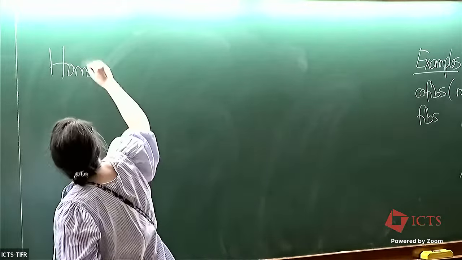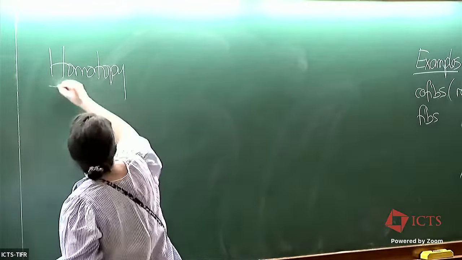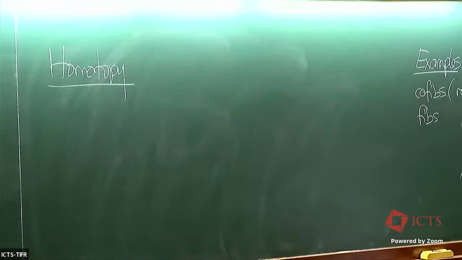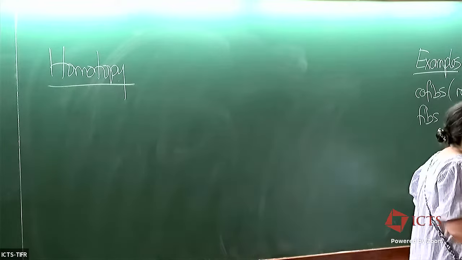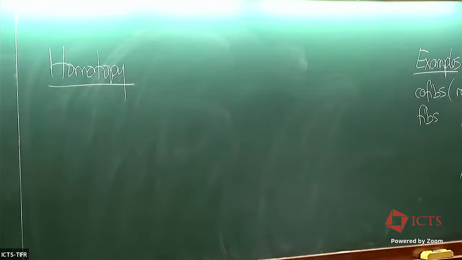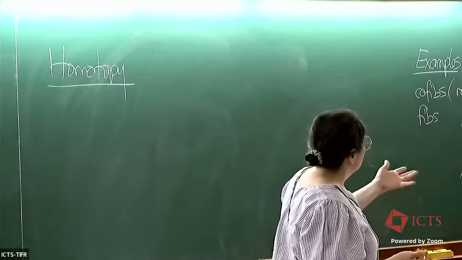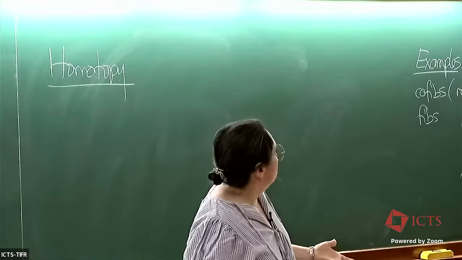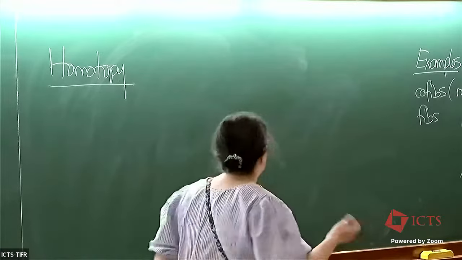Well, my selling point at the beginning was that you can do homotopy with these things. So homotopy without an actual physical cylinder that you can draw, but you can make cylinders without having to be able to draw them.